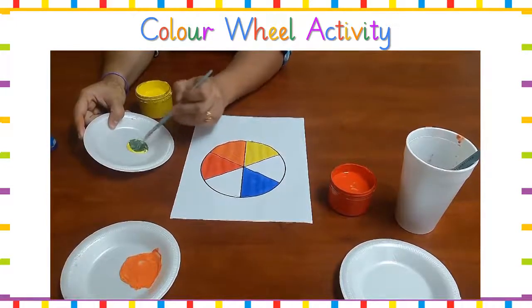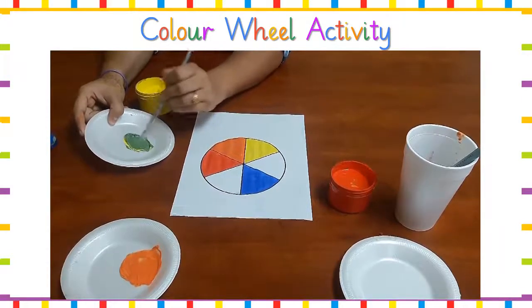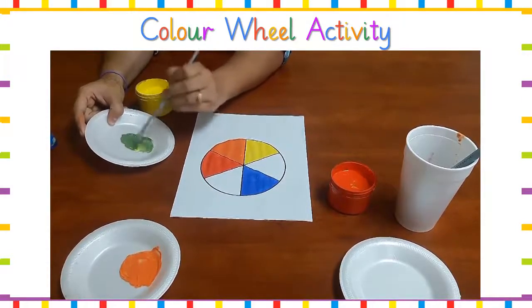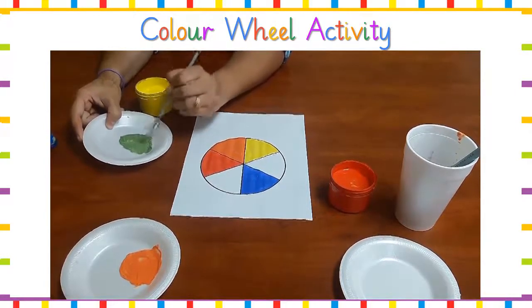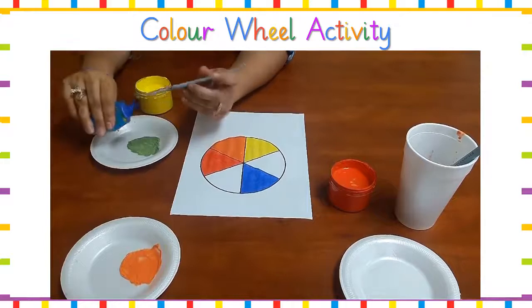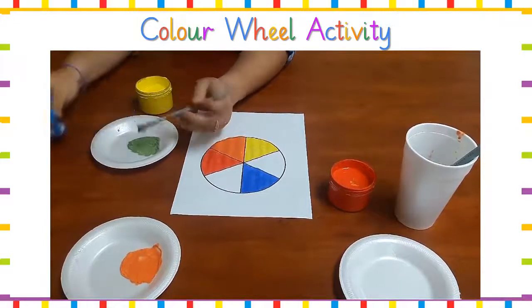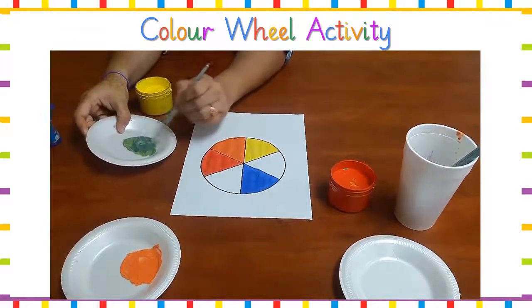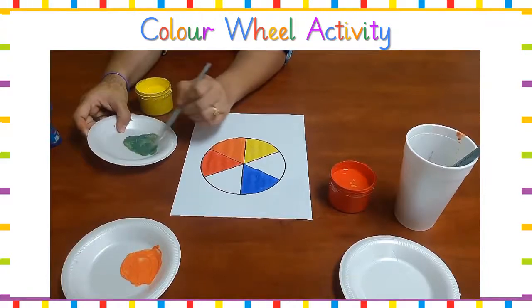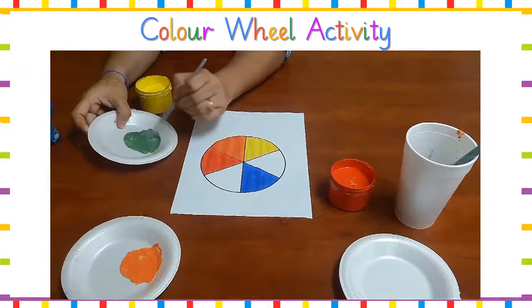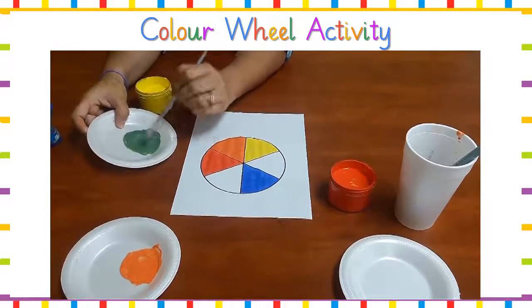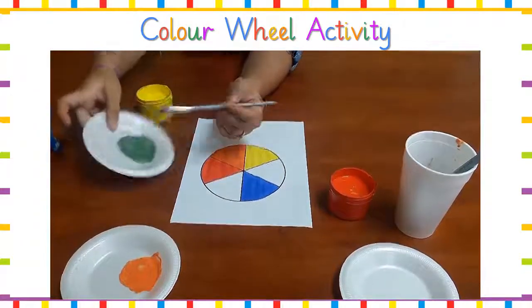We mix the yellow and blue to create green. And then we add it to the color wheel.